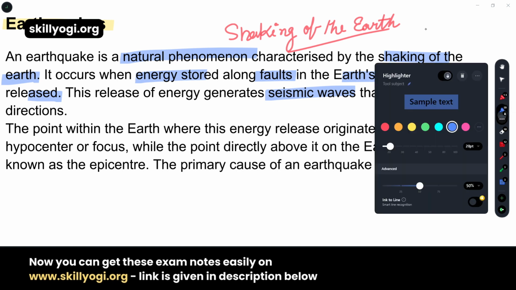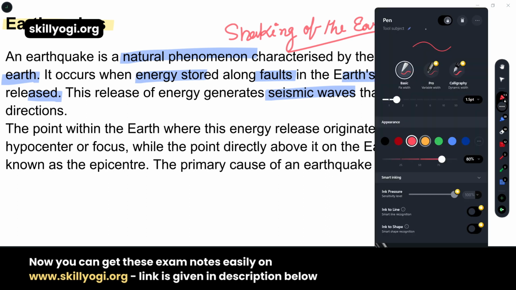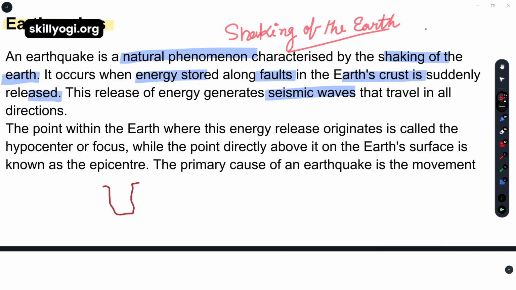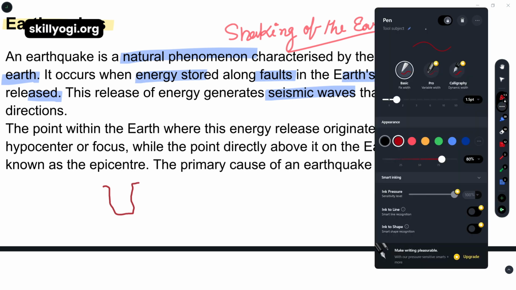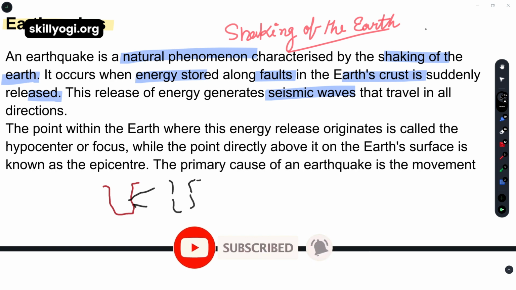Achha, there is a new word written, which is faults. What does it mean? Faults and folds, more or less the same. In the same way, if it's a glass or a jar, suddenly the jar is broken. These are the broken parts, situated like this.